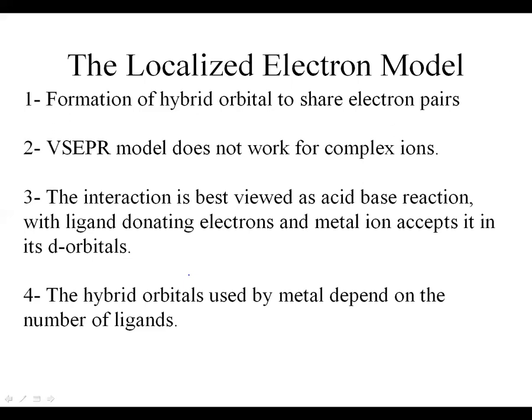So we view the interactions of the ligands and the metal more as an acid-base reaction, that Lewis acid and base reaction where we're donating and accepting electrons. The hybridization that occurs depends on the number of ligands attached.